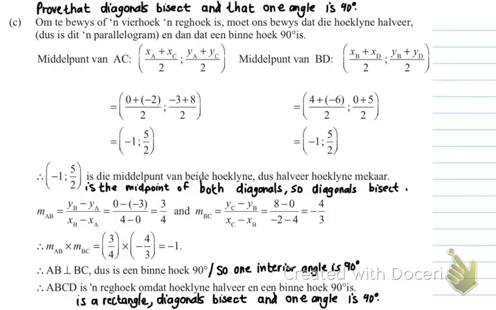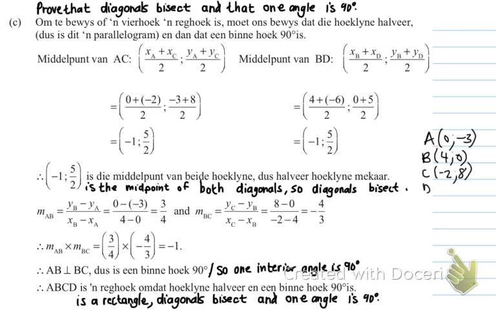Alright, number C. Number C says, given A, 0, -3. Let's quickly just write down the coordinates. A, 0, -3. B, 4, 0. C, -2, 8.